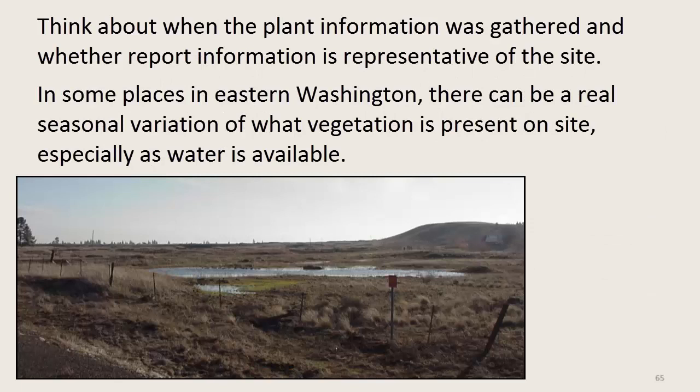Delineation reports that are done during the driest time of the year or during the non-growing season should include a discussion in the report about how their report conclusions have taken that fact into account. Be very suspect of delineation reports that use field information gathered during the non-growing season or in the middle of a severe drought cycle.